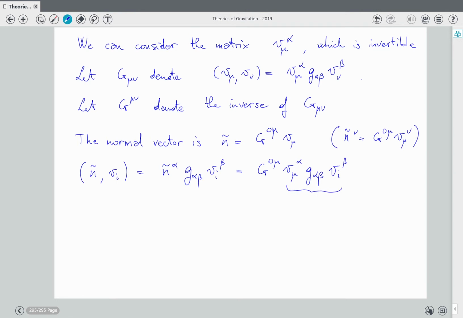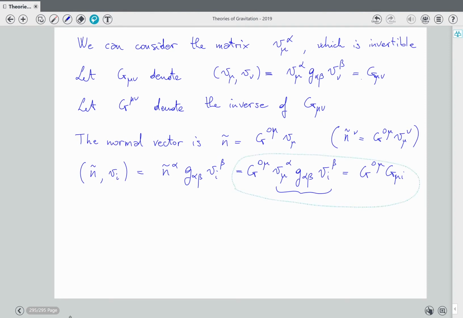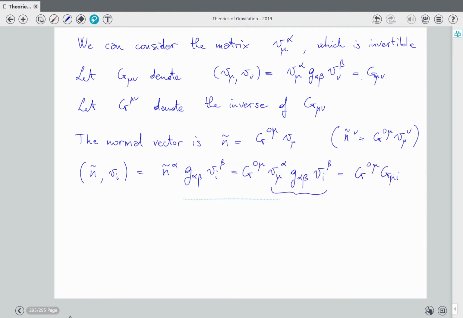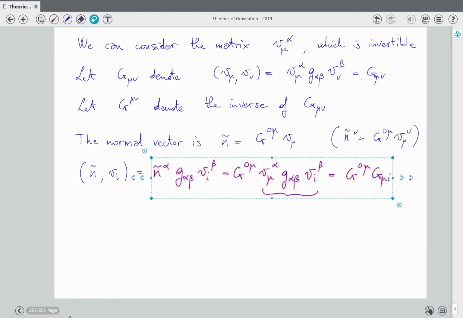By construction, that thing is G mu I. Capital G with lower indices and capital G with upper indices are inverses of each other, so this is just delta 0 I, so that is 0.